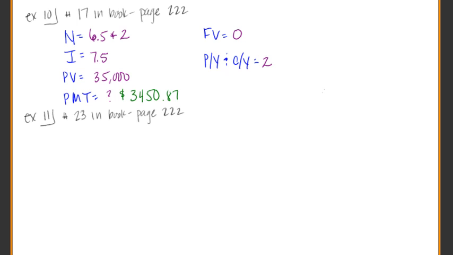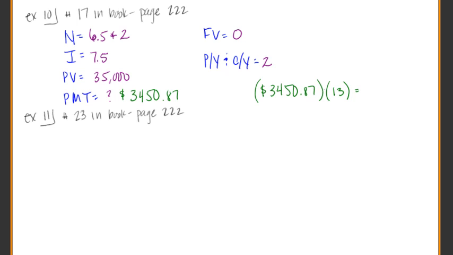Now I want you to do one thing, just as a side note. Take that $3,450.87, the amount of the payments, and multiply by however many total payments we're making, which is 6.5 times 2. So multiply it by 13.